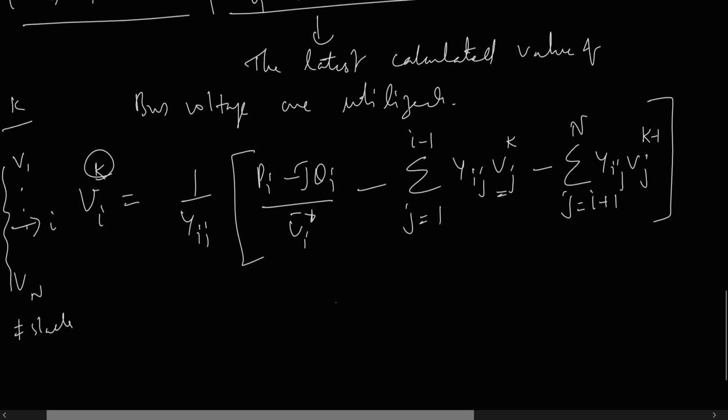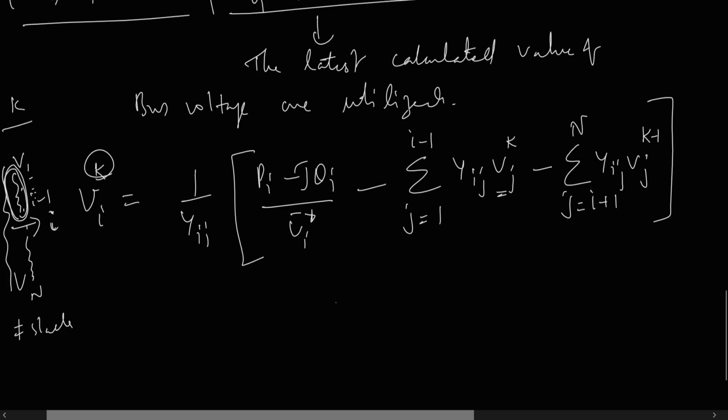Already I have calculated V1 to Vi minus 1 voltages in this iteration, right? And the remaining I am yet to calculate, the i plus 1 to n voltages. Now I am trying to use these calculated values in this iteration. That is what I have mentioned here, right?